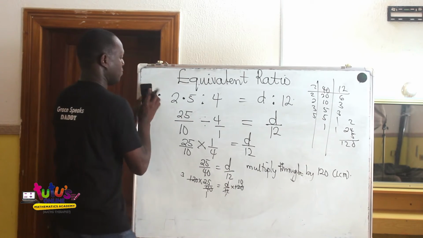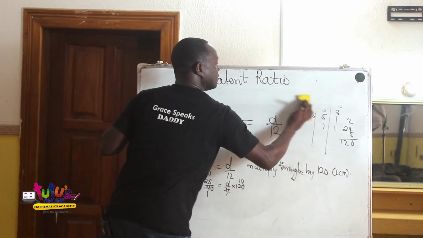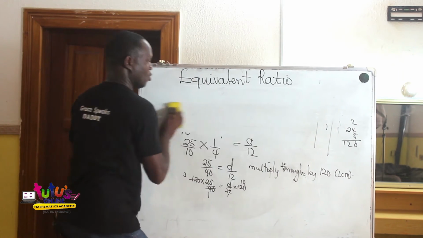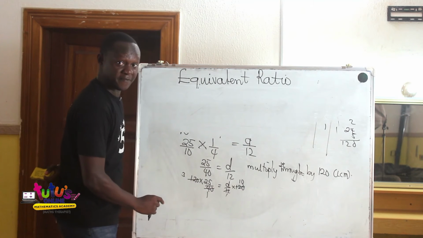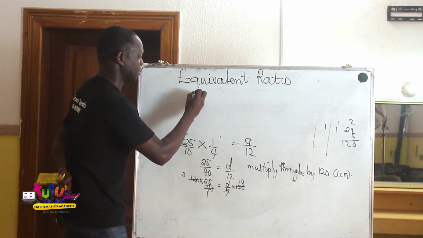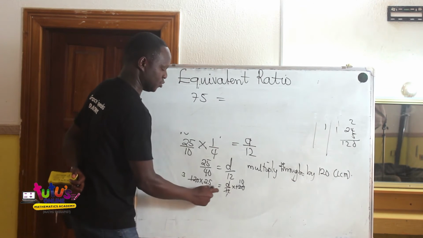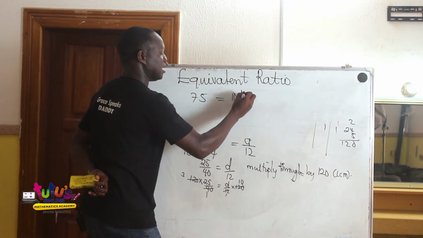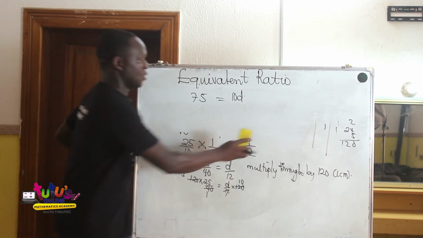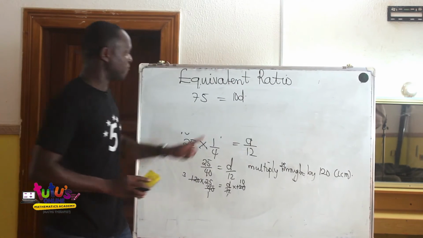Now I'd like to bring this up so that we can see what we're doing. So from here, 3 times 25 is 75. So 75 equal to D times 10. That gives us 10D. Now we'll come to this point. What do we do to find the value D?